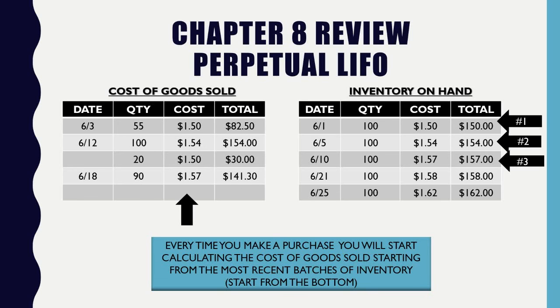Okay? But for LIFO, this situation is kind of different because you're starting over from the bottom every single time you make a purchase. Every time you make a purchase, that means you're recalculating everything starting from the bottom, and you slowly make your way up to the top.